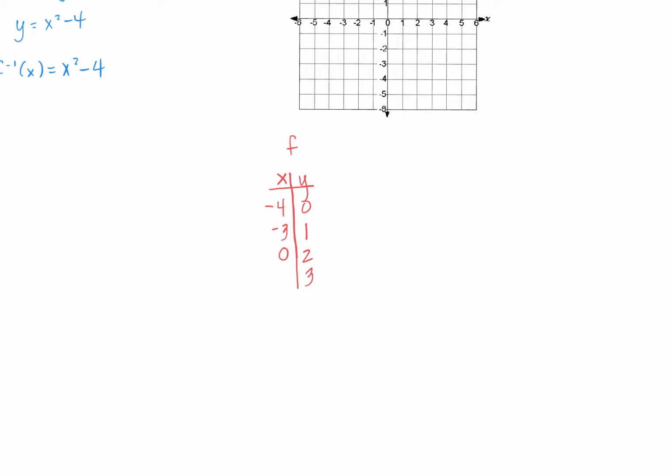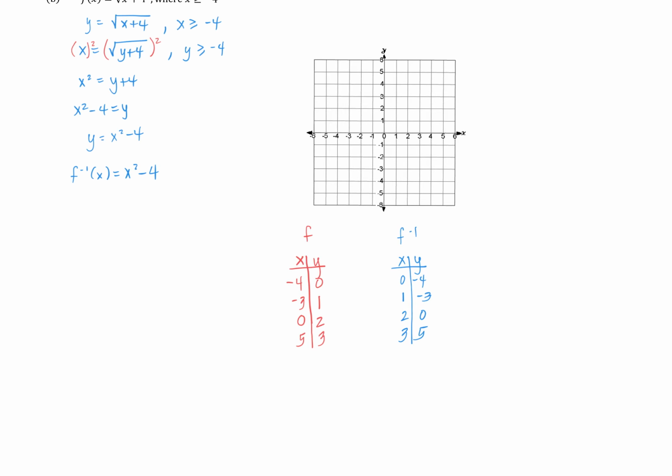So how do I get 3? I need a 5 plus 4. I need a 9 underneath the square root. So I'm going to look at x equal to 5. Square root of 9 is going to be 3. And then I'll look at f inverse, and I'll change those points to 0, -4, 1, -3, 2, 0, 3, 5.